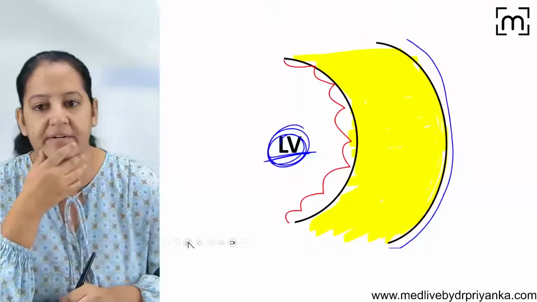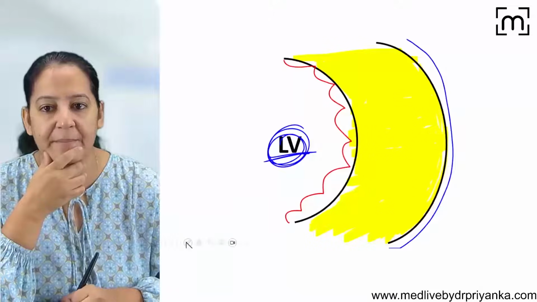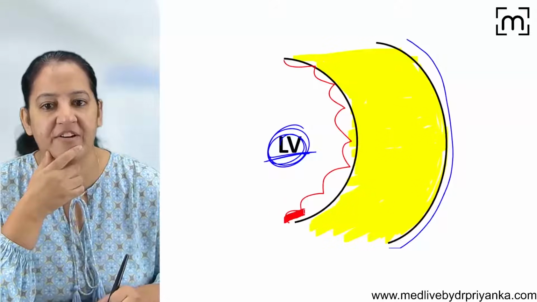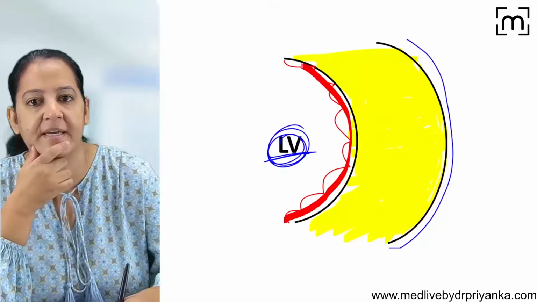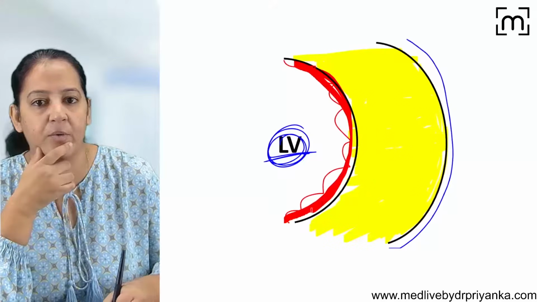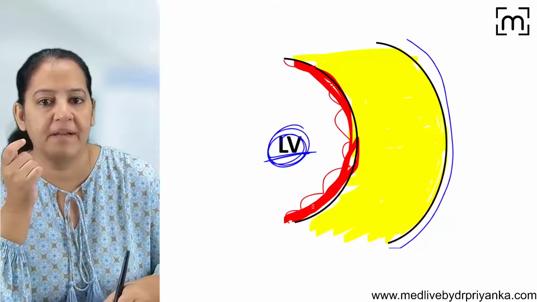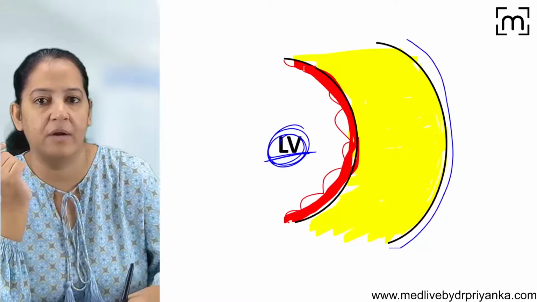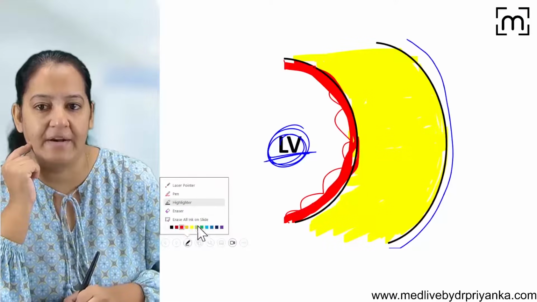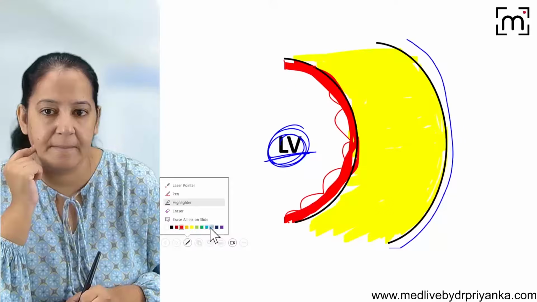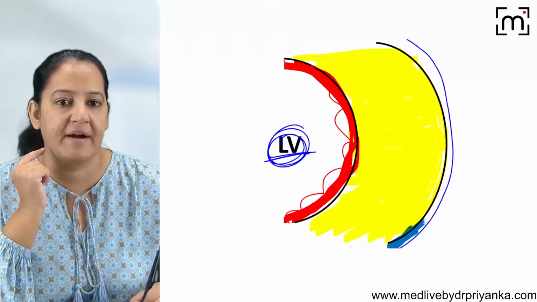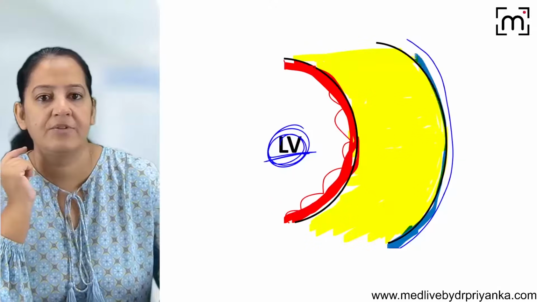I have given them 3 different colors so you can appreciate them well. The innermost layer is the endocardium, the middle layer is the myocardium in yellow, and the outermost is the pericardium.